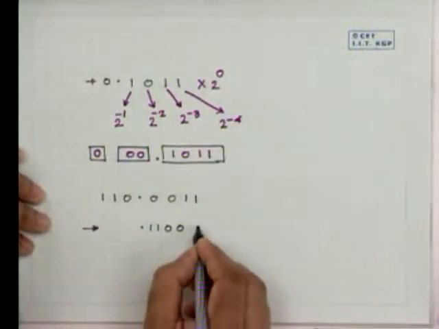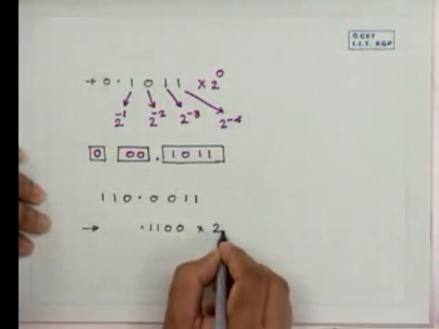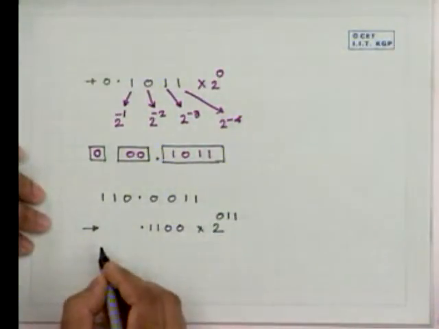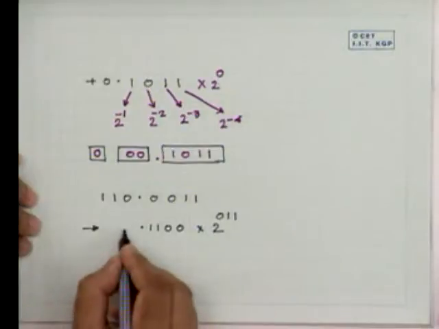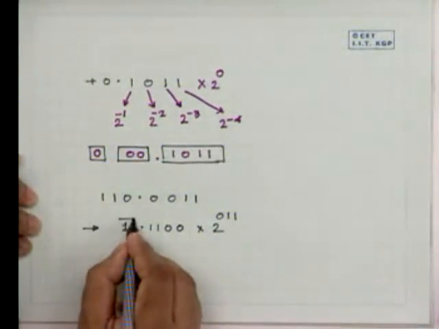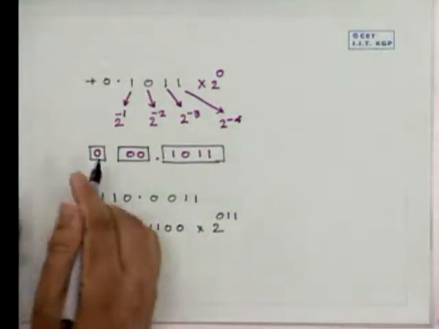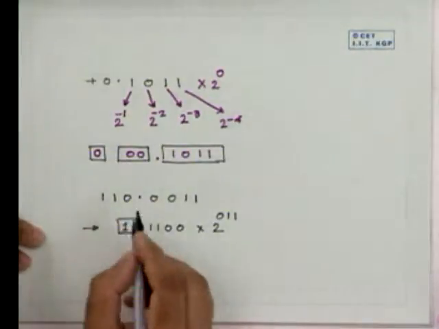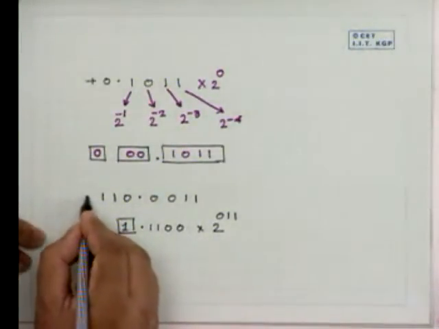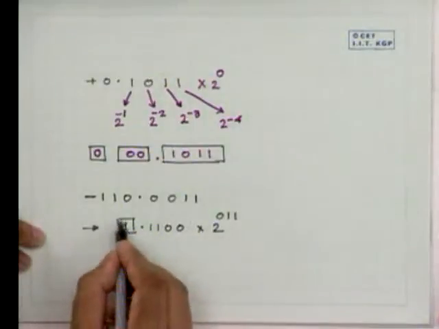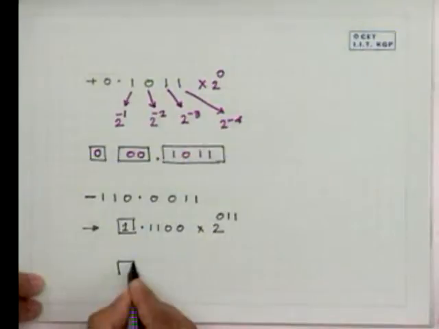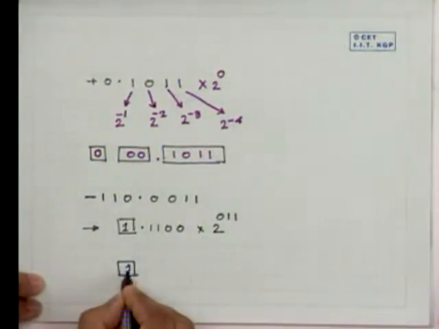The exponent will be 2 to the power 3, 1, 2, 3, therefore it will be 0, 1, 1, and the sign is positive, therefore we can represent the sign as 0. This is the sign. Now let's take this as a negative number. Therefore, the sign is negative here, and we have the representation as 1.